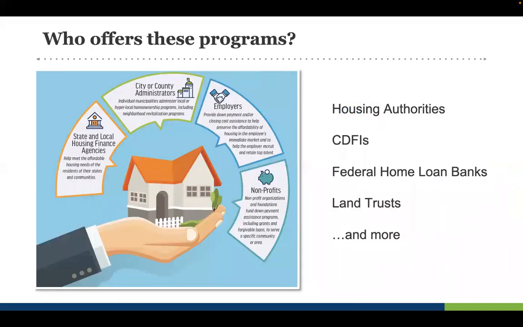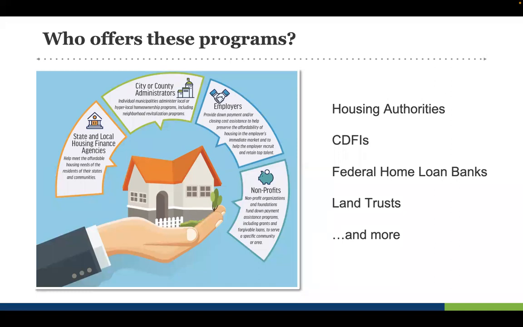And they come from, obviously, your state housing finance agency. Every state has at least one. There are also local housing finance agencies. So if you hear the term bond program, that's typically where those programs come from. Although they don't just do bond programs, they have other ways of funding DPA.